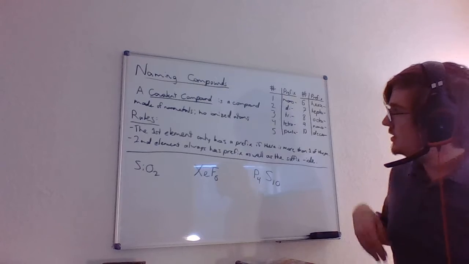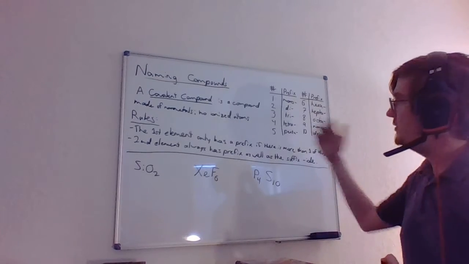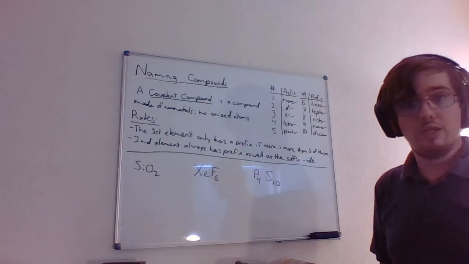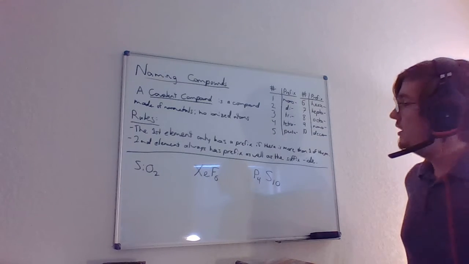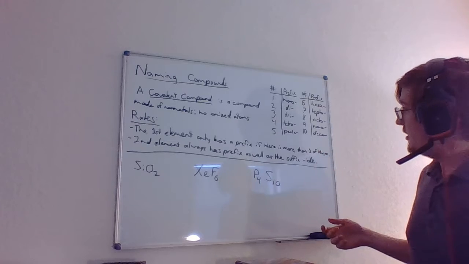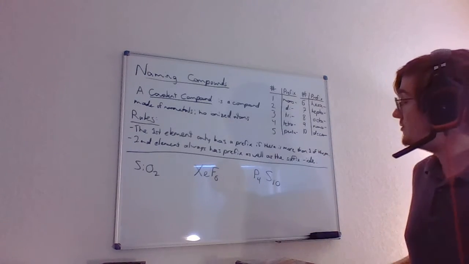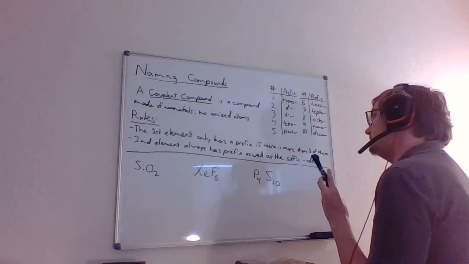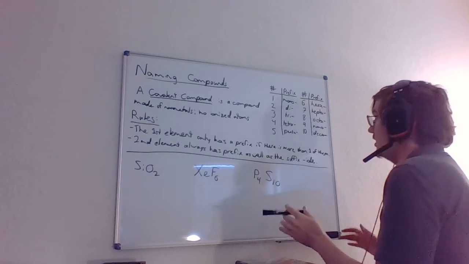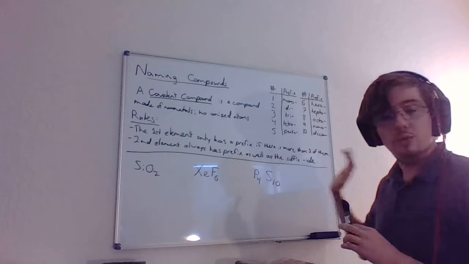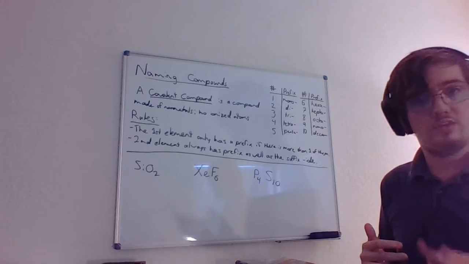So now that we know what a covalent compound is, and that'll help us identify whether we're working with a covalent compound, we can go on to the rules for naming covalent compounds. Right? So in a covalent compound, when you're naming it, the first element only has a prefix if there's more than one of them present.